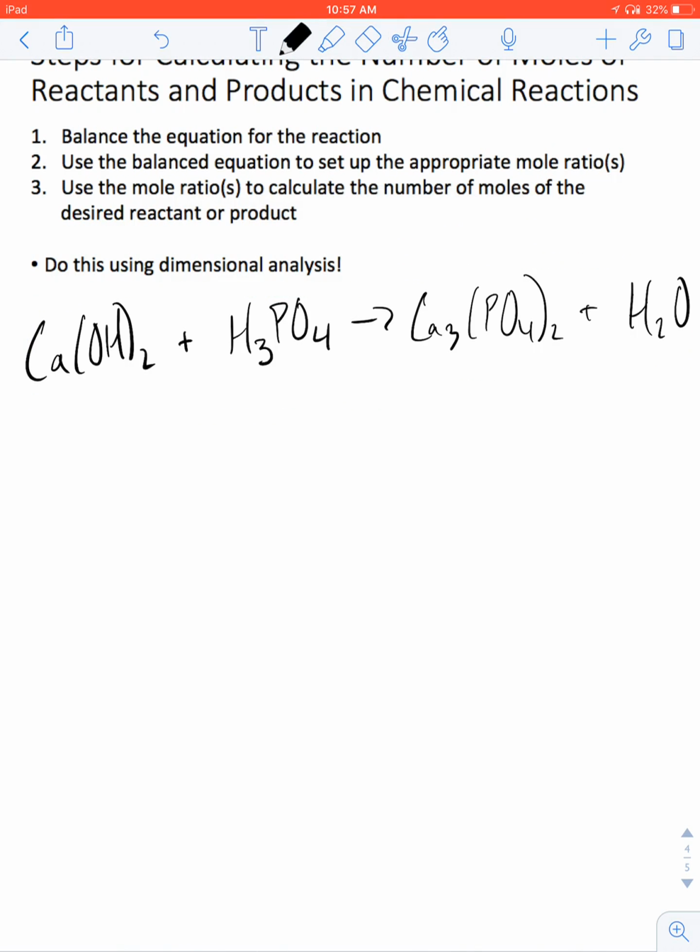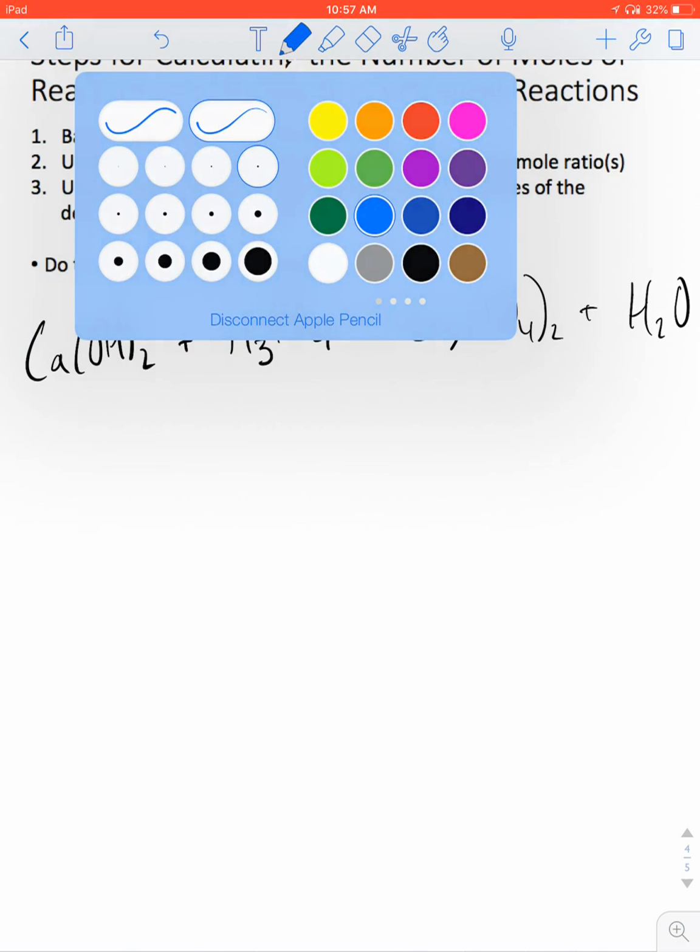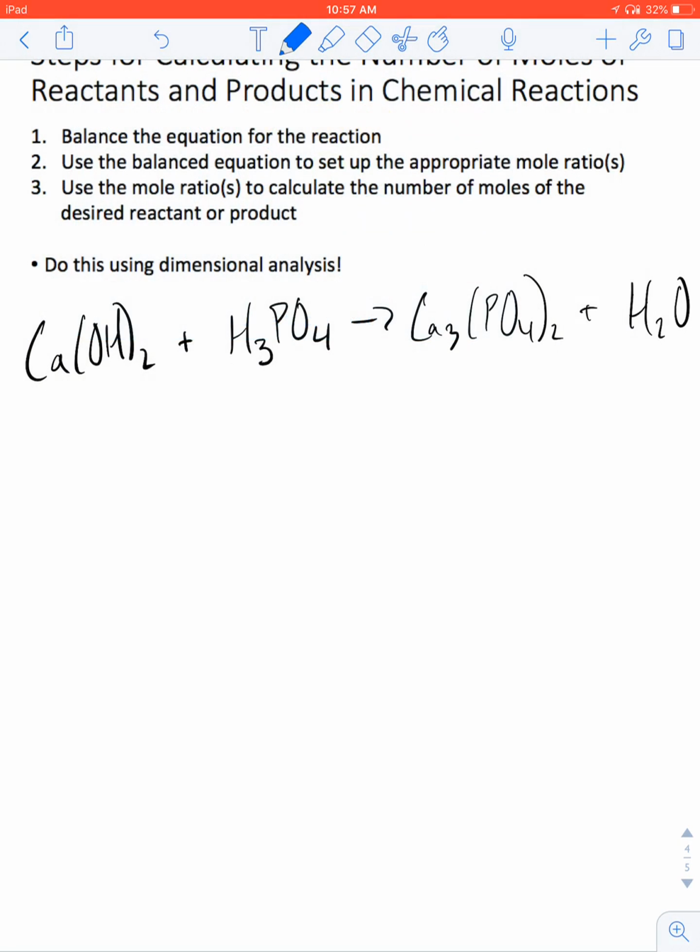All right. So now that we have an equation, first thing we should do is balance that out. So just looking over on the left and right side, we have 1 calcium, we have 3 hydrogens. Now one thing to do in these balanced equations, something that makes it a little bit easier or a little bit more organized to keep track of, is keeping polyatomic ions together.